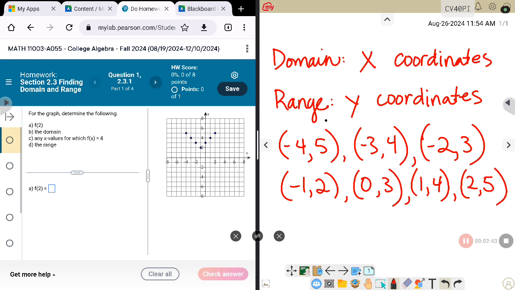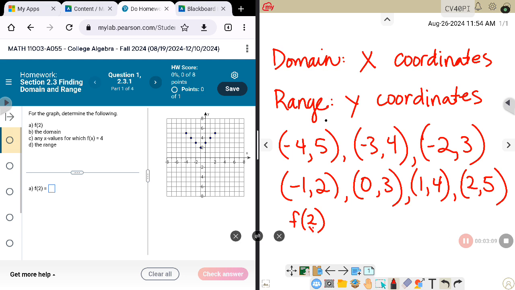Now, I'm going to use these points to answer the questions. The first question says to find f of 2. If I am finding f of 2, that means to go through these points from the graph and find what's inside here.